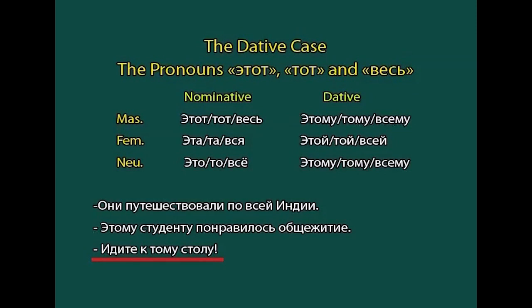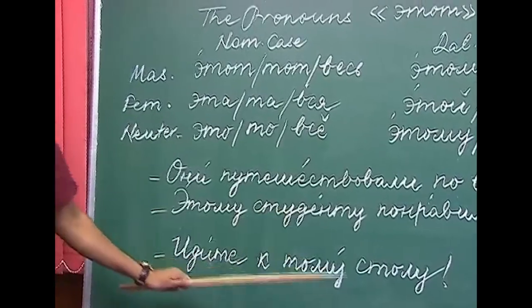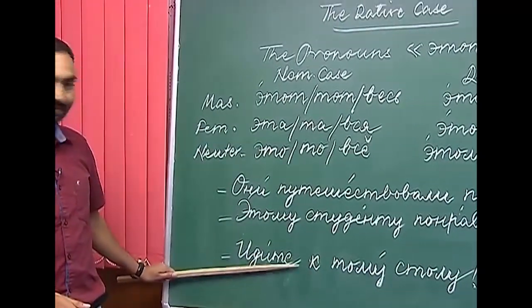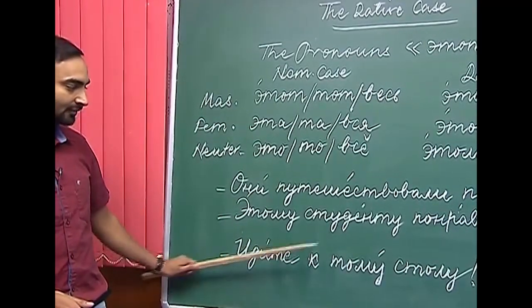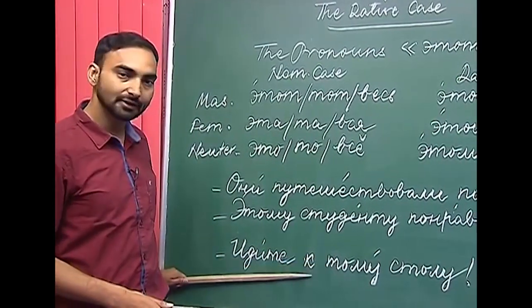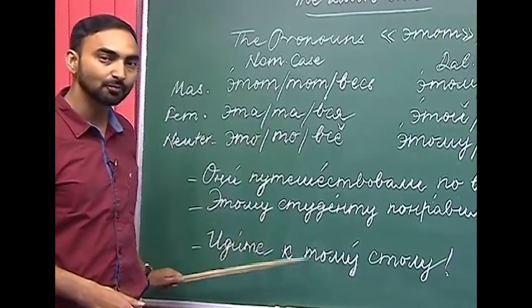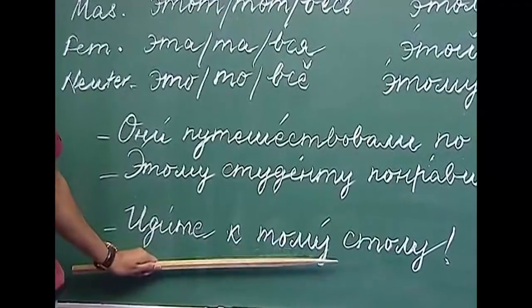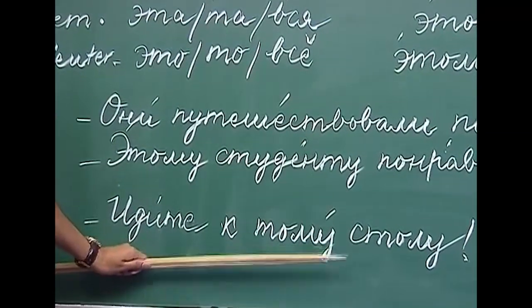And the last sentence: идите к тому столу. It means go to that table. Here идите is the imperative form and we are using the preposition к, which means movement towards something or someone, and тому has been used in the dative case.